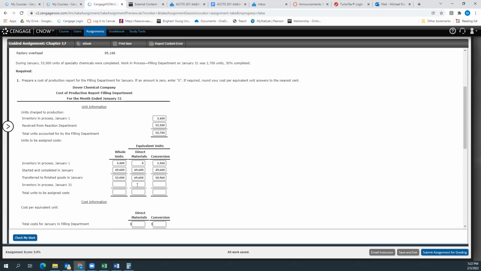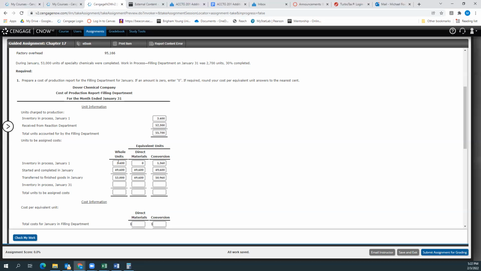So for example, we know that there were 53,000 units, but since these 3,400 already had their direct materials done when we started, we only had to do or start and complete 49,600 units of direct materials, okay? And then the conversion costs, the labor and overhead we're putting in, we figured that there was 1,360 equivalent units.